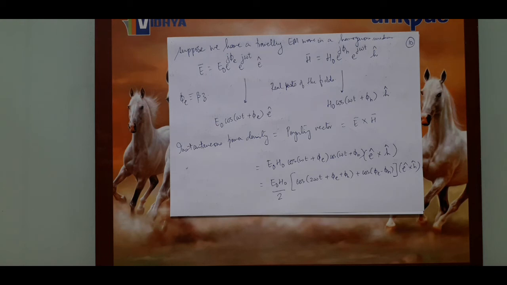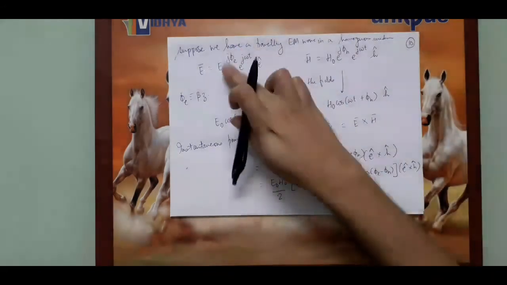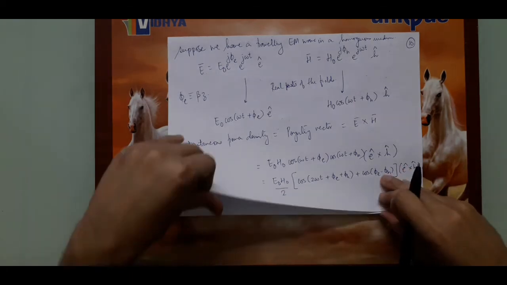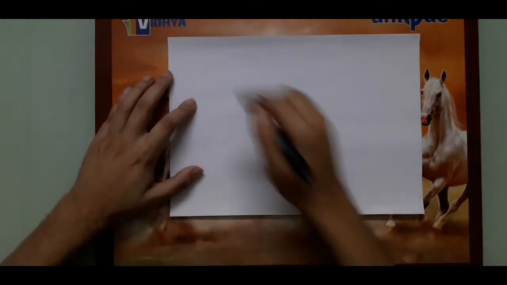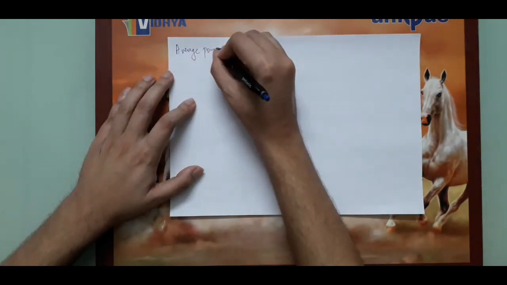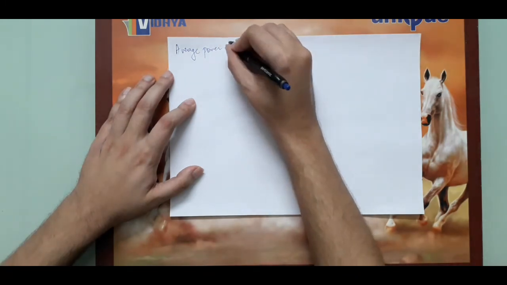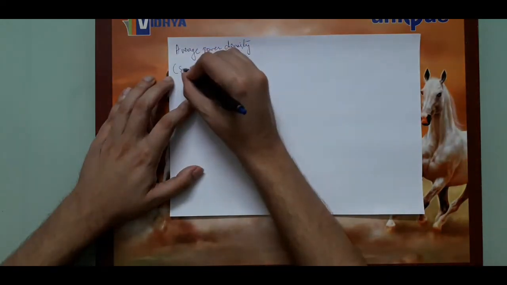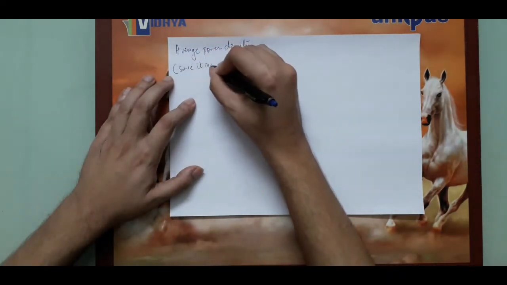Now, since this is a wave and it is a time harmonic wave, which means that it is definitely some function of a sinusoid, we can also define something called the average power, or the average power density, since it is a periodic wave.